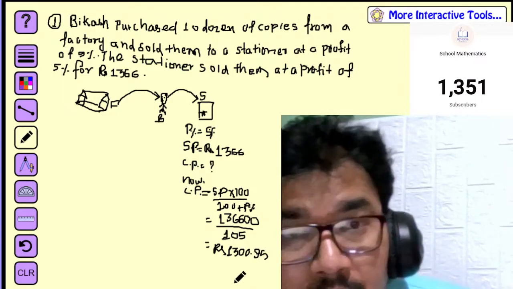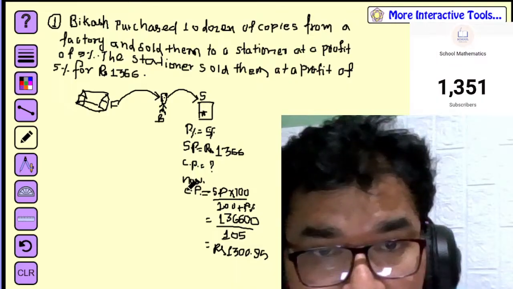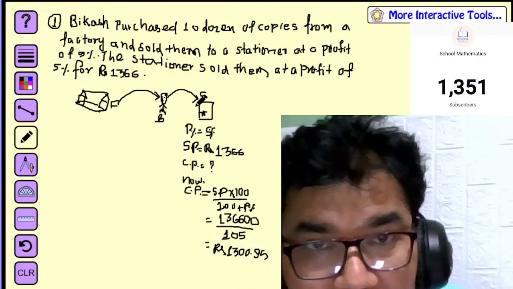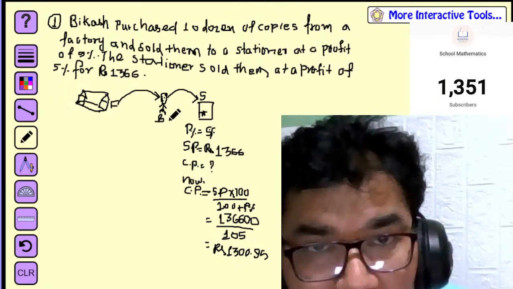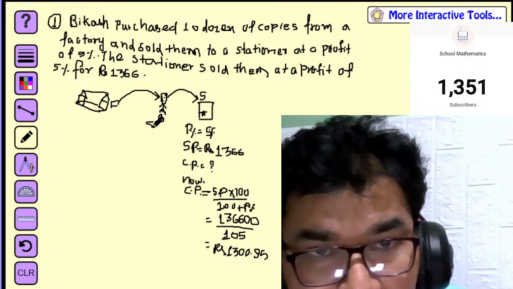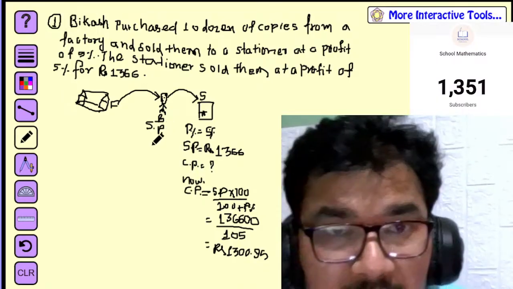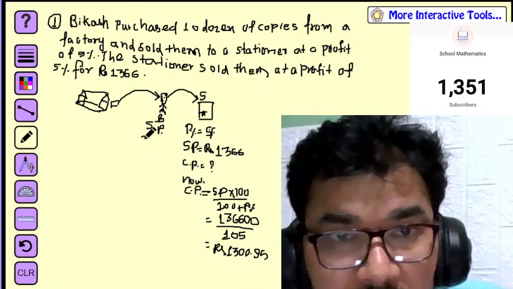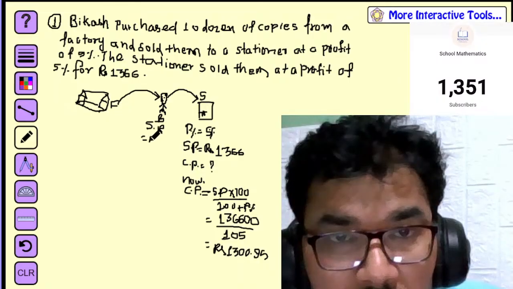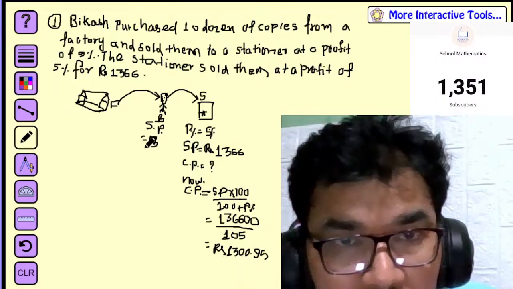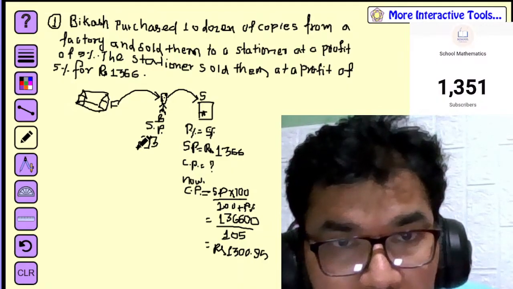Now, as we know, the cost price of the stationer will be the selling price for this Bikash. Selling price for Bikash, SP, is rupees 1300.95.